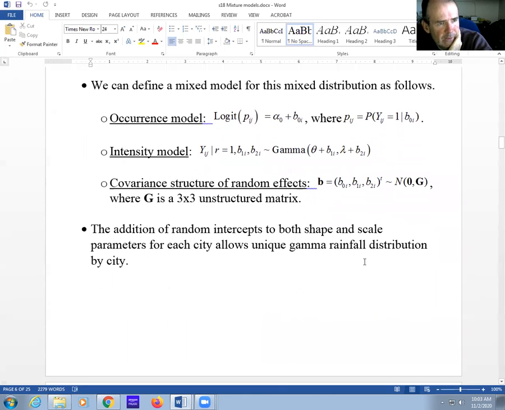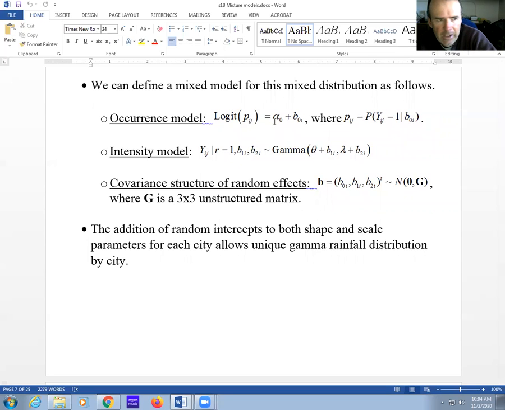So here's our model that we're going to use for the rainfall data. We have occurrence, so that means did it rain or not in a given city on a given day. And so we have a logit link for that, and we have a fixed intercept for the rainfall amount. So that's going to be our intercept across all of our data.